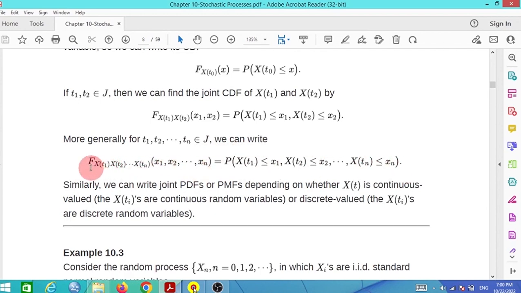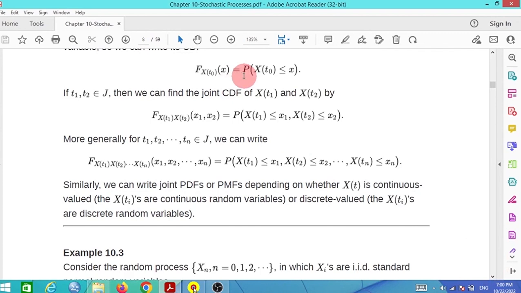So if x is continuous, we can take the derivative with respect to x and obtain the probability density function.